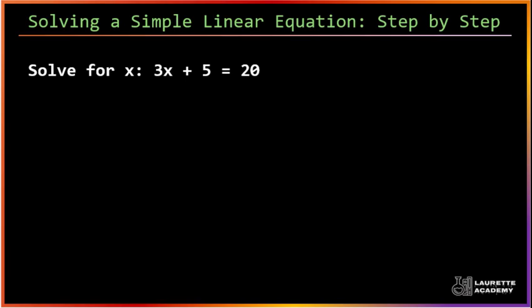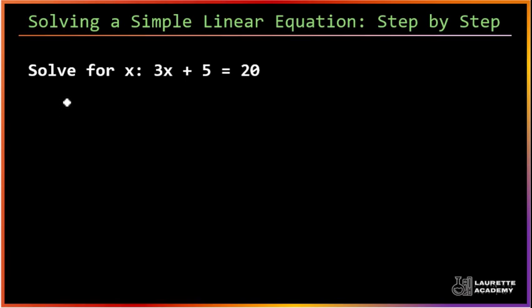All right, let's get our hands dirty with a basic example. 3x plus 5 equals 20. Our goal is to get x all by itself on one side of the equation.